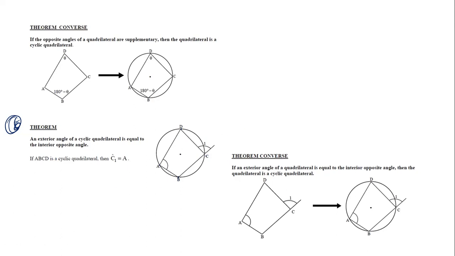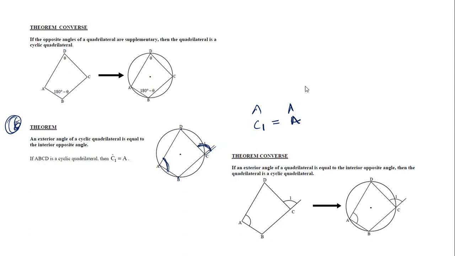But now this cyclic quad is different because we have the exterior angle. This exterior angle is called angle C1. So angle C1 is actually going to be equal to angle A, which is this angle over there. Again, this theorem states that this angle is opposite to that angle.